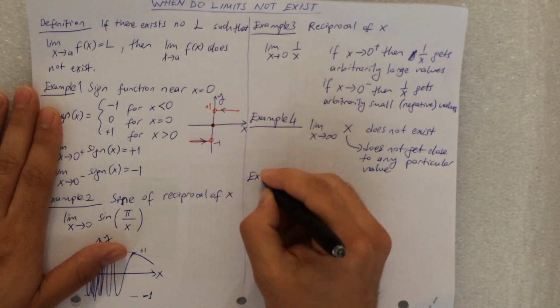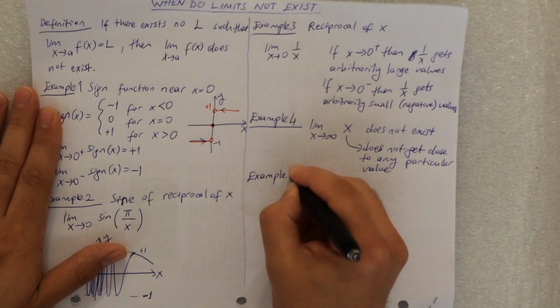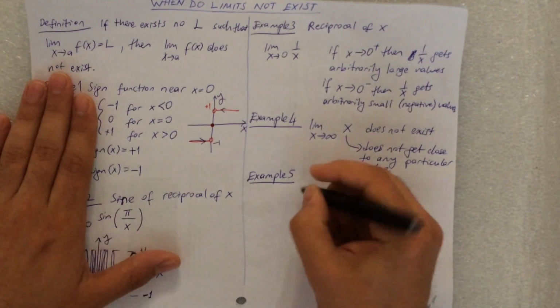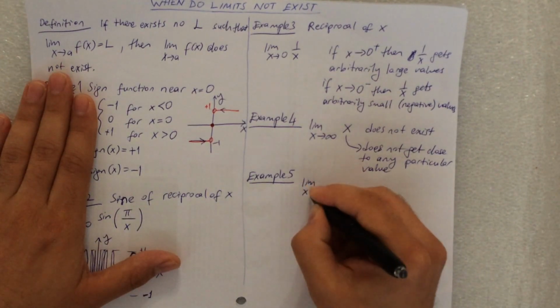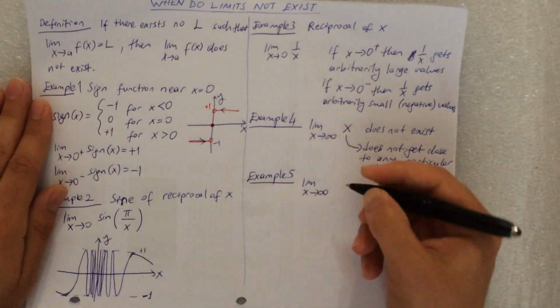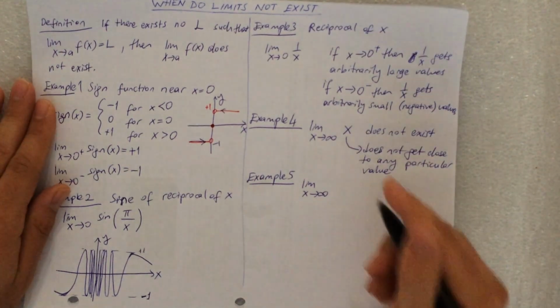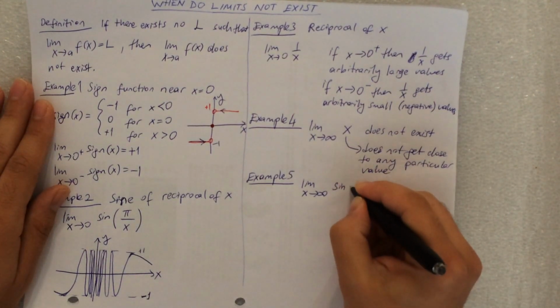Example 5. For example, the limit as x goes to infinity of sine x.